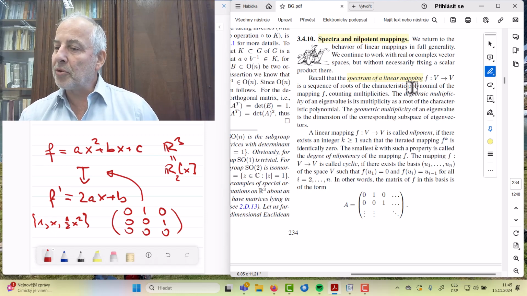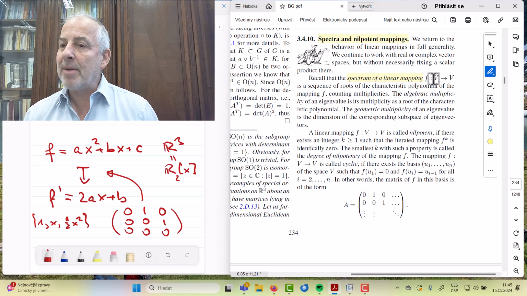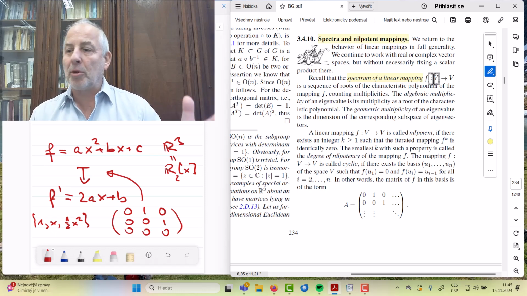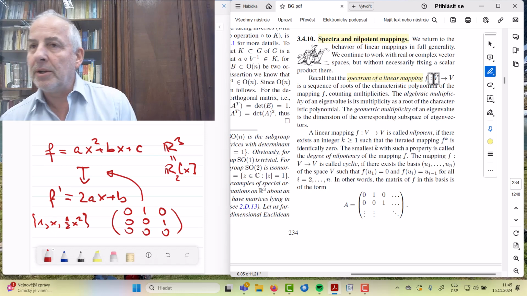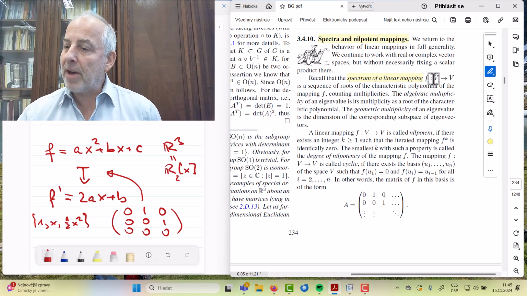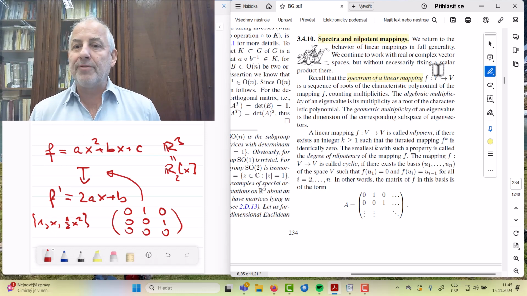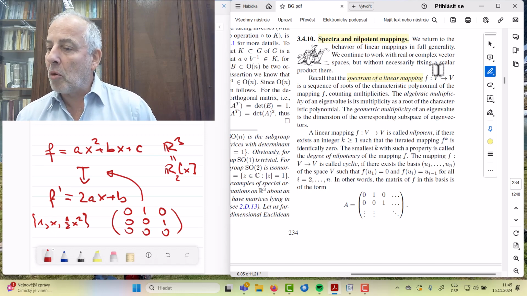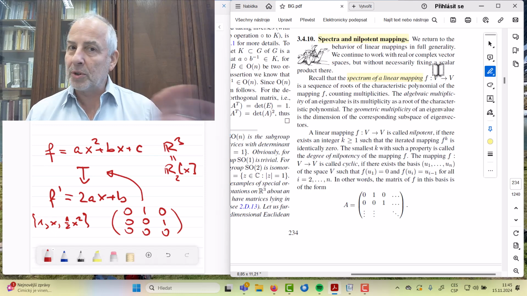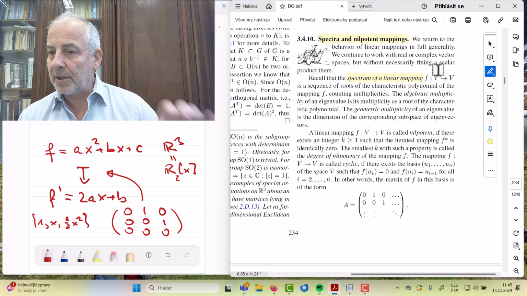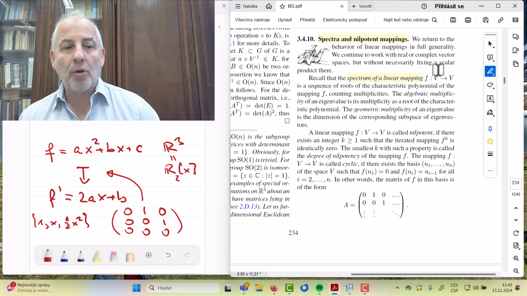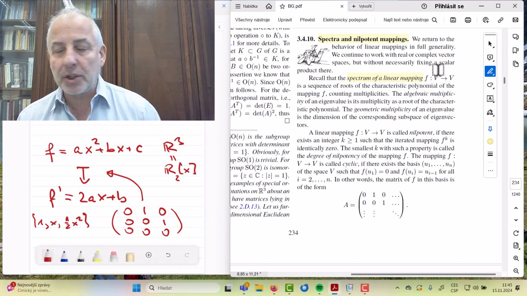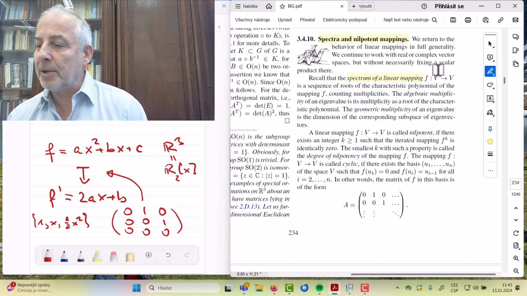If it's n-dimensional space, it will be an n-tuple of numbers, right? And if V was a complex vector space, then it would always be an n-tuple of complex numbers. So the spectrum is always well defined. It's the set of the roots of the characteristic polynomial, including the multiplicities.